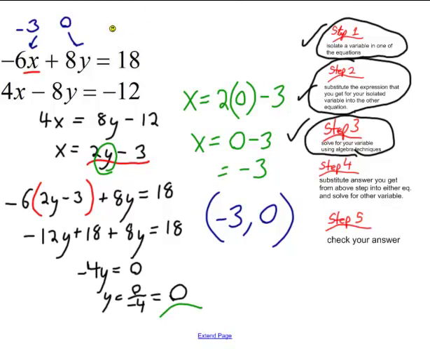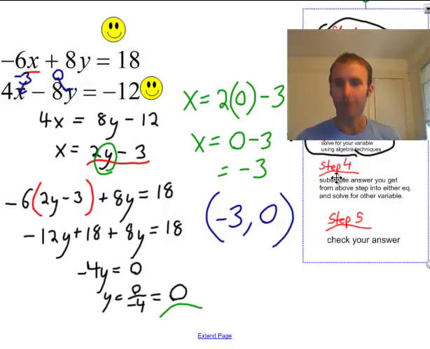So we have that one. And if we come down here, we have negative 3. 4 times negative 3 is negative 12. Negative 12 minus 0 is equal to negative 12. Again, we have this correct. So we are good.